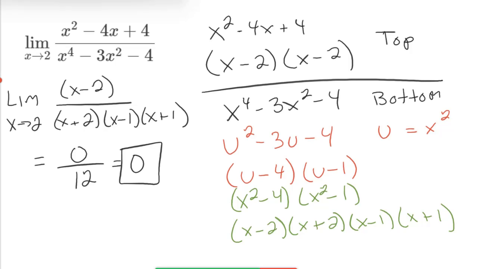The top should have been pretty easy to factor: x minus 2, x minus 2. If you have anything of a higher degree that's in the quadratic format, like an x to the fourth and x squared, or x to the sixth and x to the third, anything in that realm, you can basically make it a quadratic by just doing a simple substitution.